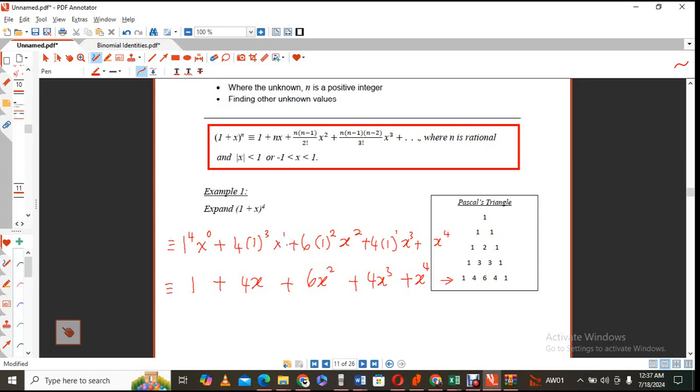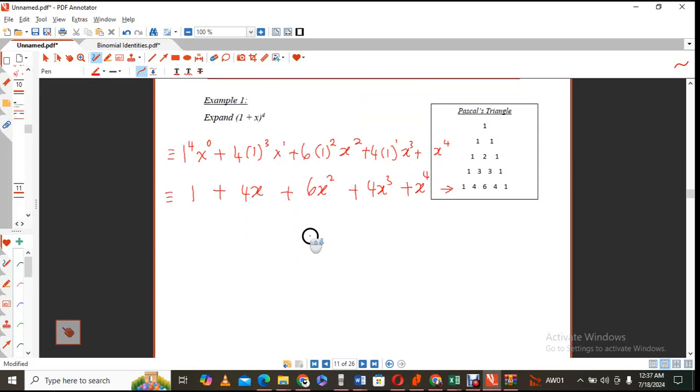Now, there is something else, of course, that we can use, and that is what we refer to as n choose r. So, n choose r, which is based on n factorial over r factorial, and then n minus r factorial, which we can use to find these coefficients over here.